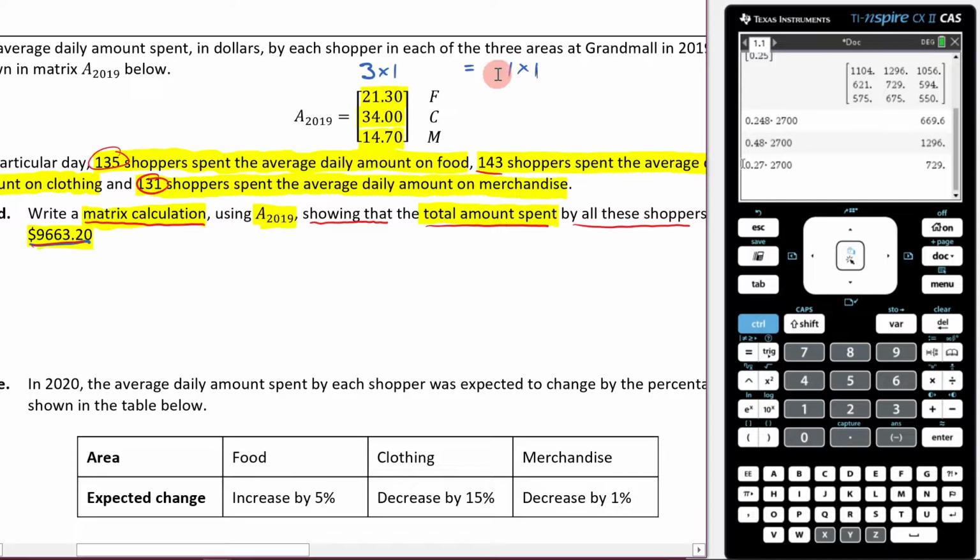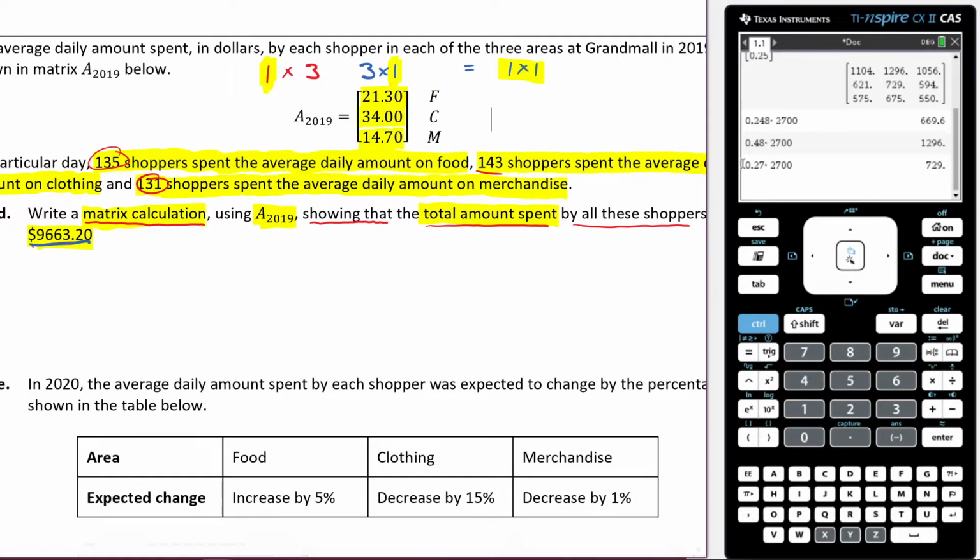Now, what will I have to multiply this by to get a 1 by 1 matrix? Hopefully you can immediately see that what I'm going to have to multiply it by is a 3 by 1 matrix. By doing that, the 3's are next to each other, which means the matrix multiplication can take place. And then I've got a 1 here, and a 1 here, which makes it a 1 by 1.